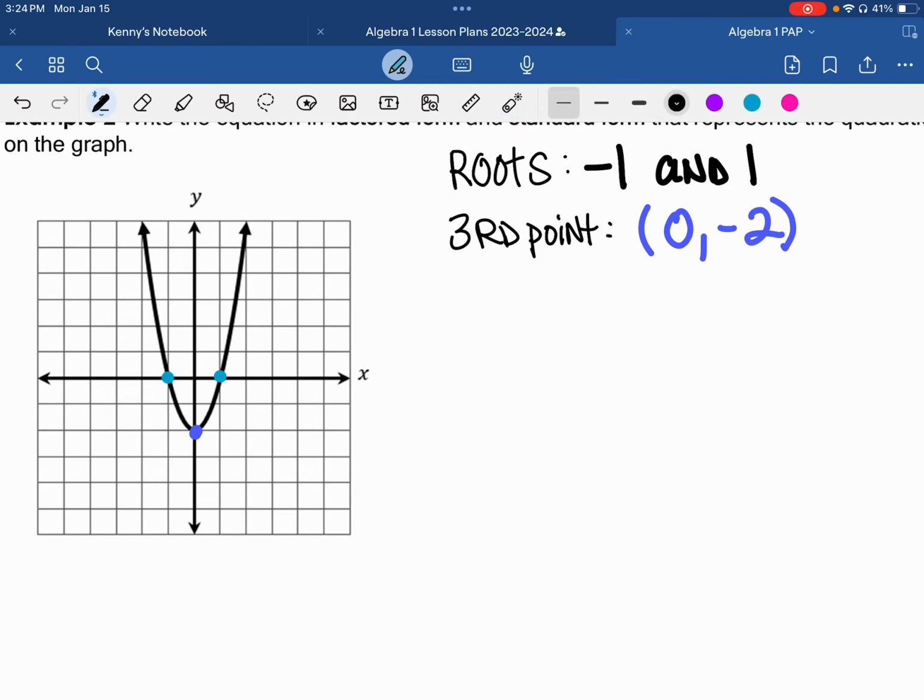All right, now we're going to use our formula, y equals a times x minus p, x minus q. I'm going to use my colors to help me out. a is the variable that I am going to solve for.